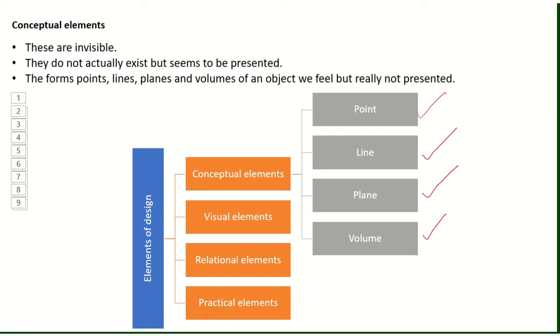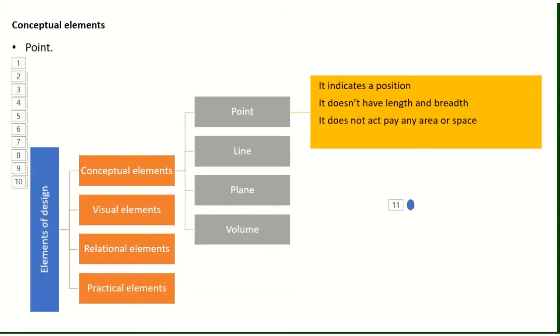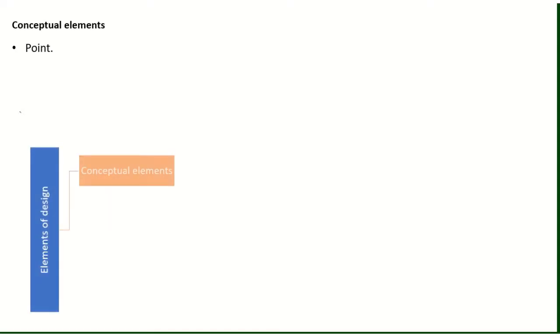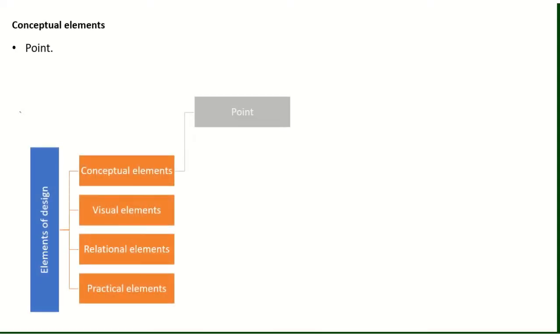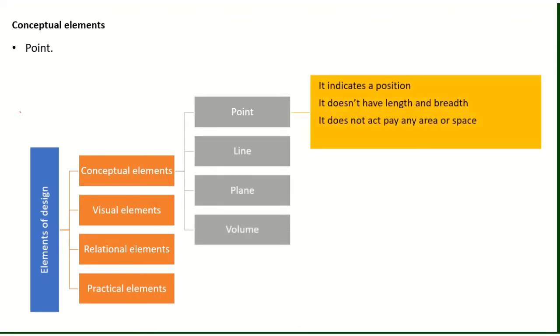Let us have a look at the first conceptual element, a point. A point is nothing but something which indicates a position. For suppose a point is here, it is indicating some position. If I drop a point and it is visible, something like this, this point doesn't have length and breadth.